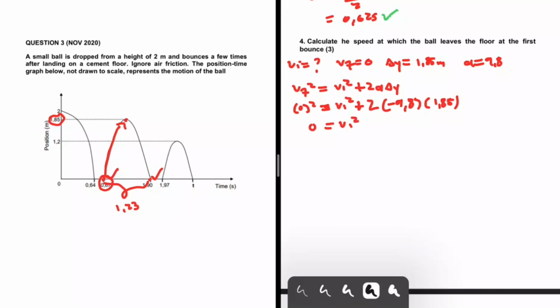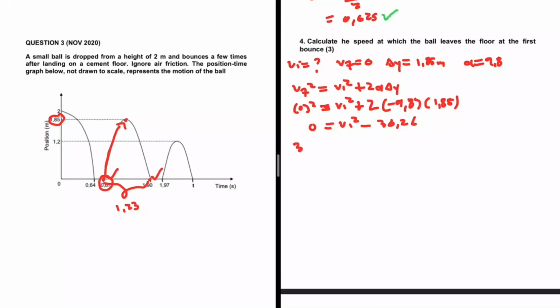What is 2 multiplied by minus 9.8 multiplied by 1.85? That is minus 36.26. So we have 36.26 being equals to VI squared. What we need to do here is to take square roots on both sides.